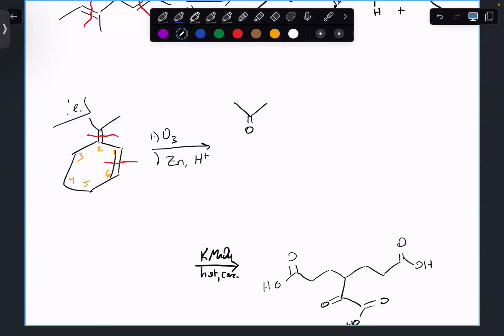It's no longer a ring. And so I'm going to have a 6 carbon chain. 1, 2, 3, 4, 5, 6. So just go ahead and draw that. And I'm going to number this consistent with the way I did the other one. Now we have to figure out where the oxygens go.